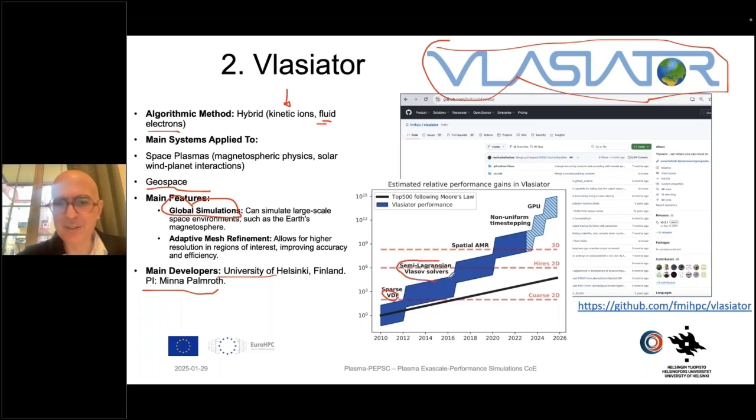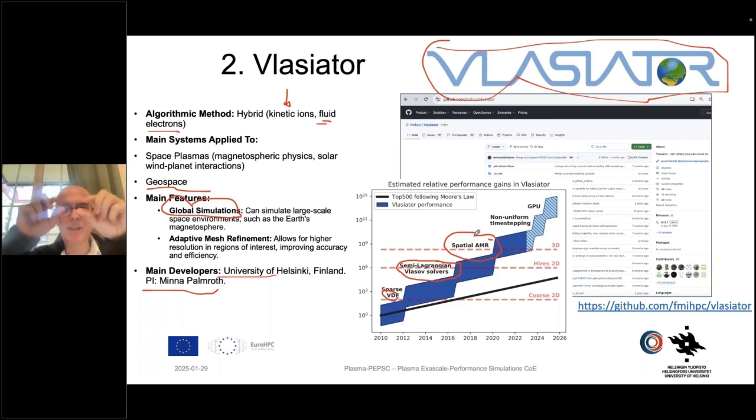Then semi-Lagrangian Vlasov solver. I would say one of the most exciting parts is really the adaptive mesh refinement. That is very exciting and a critical technology when you do space simulation. For instance, you want to have a very refined grid close to the bow shock, or any area of space where there are very strong gradients.